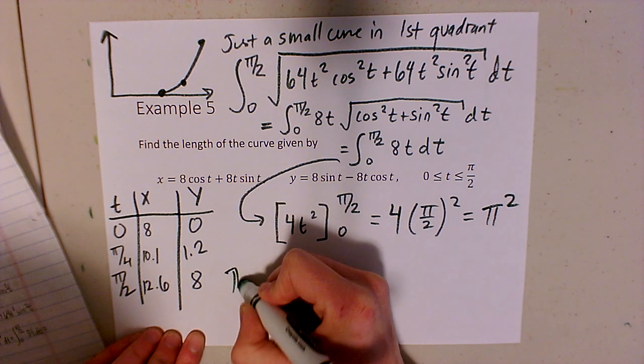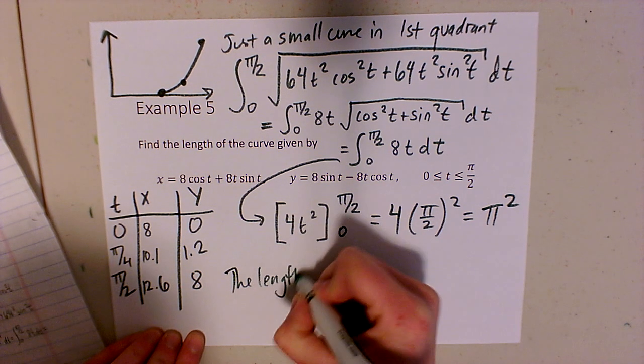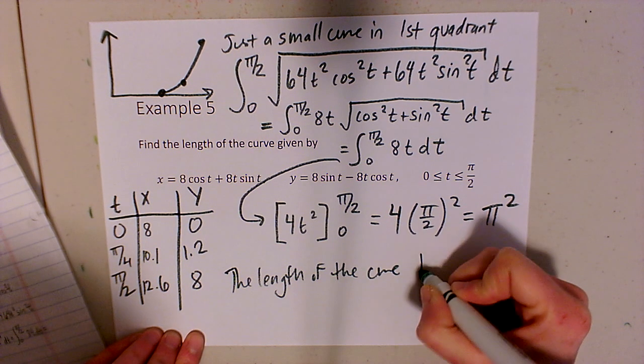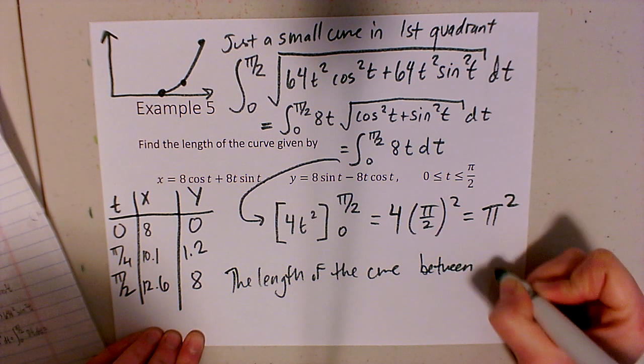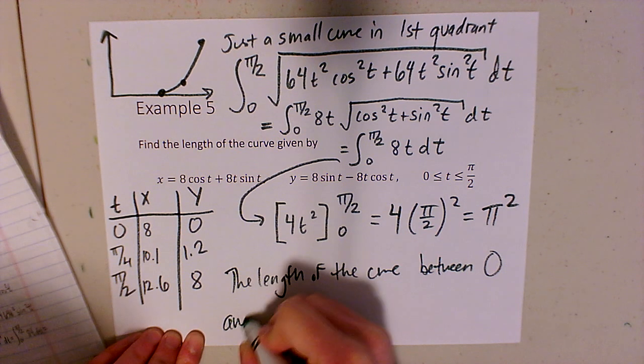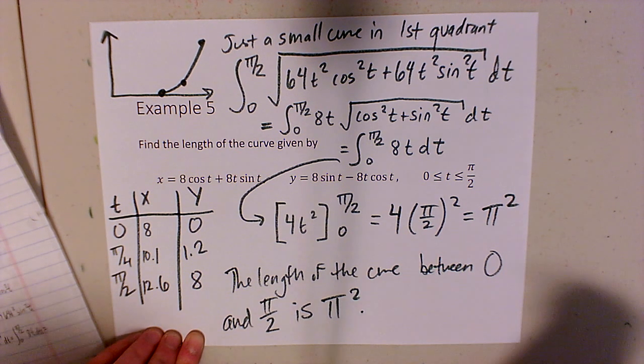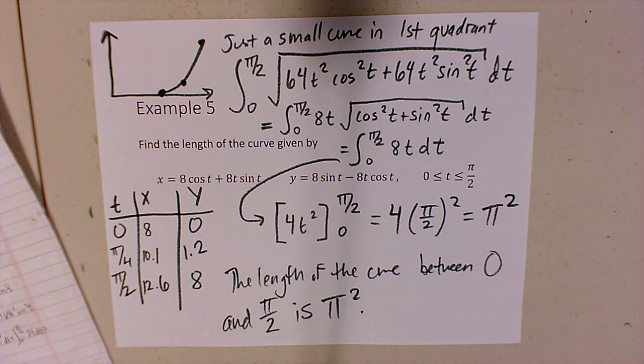Okay, and so then we can say that the length of the curve between 0 and pi over 2 is pi squared. And so that is the end of example 5 and topic 1.